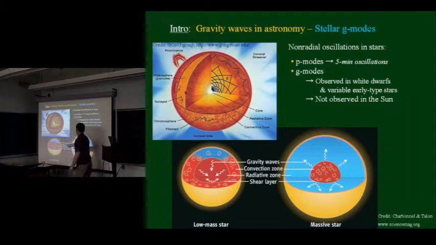Of course, the situation is reversed in a massive star. Now, the G modes have been observed in white dwarfs, which don't have a radiative envelope, so the G modes extend all the way to the surface, but they're damped out strongly in that surface layer in the sun, and are not yet observed, although claims pop up very regularly.